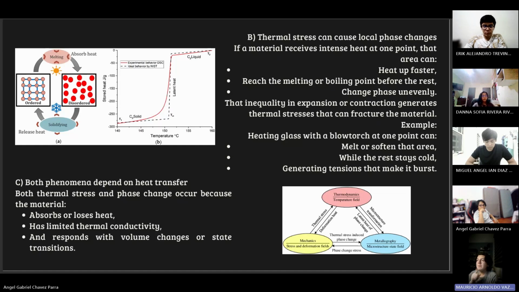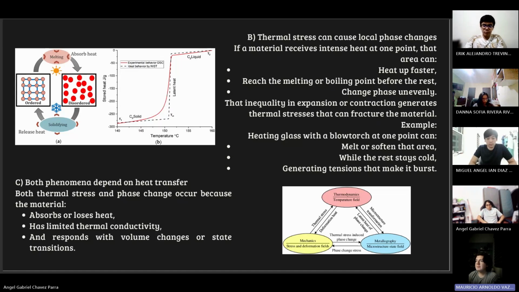In thermal stress, the case is local: the changes occur in the material. If the material receives intense heat at one point, that area can reach the point of vapor, melting or bonding before the rest heats up unevenly.